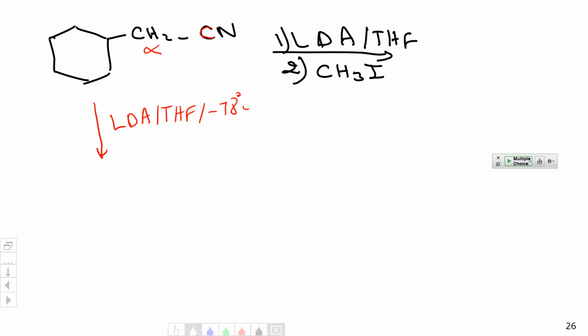Consider this the carbon of the carbonyl, and the nitrogen as if it is the oxygen. That would result in the deprotonation of this. Now I'm going to stop for a minute and discuss, is that alpha hydrogen really acidic? Is it an acidic alpha hydrogen, the same as the ketone one? If yes, why? And if no, why?